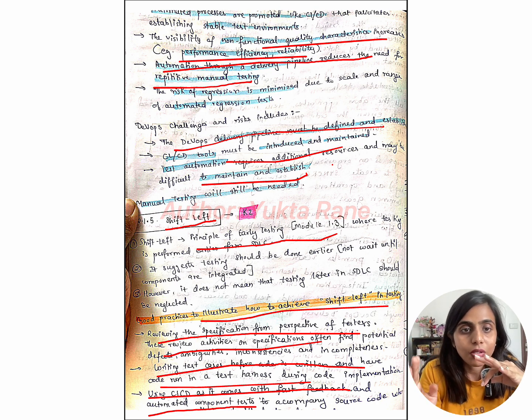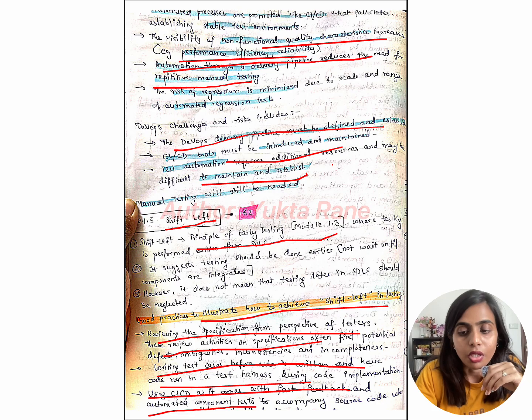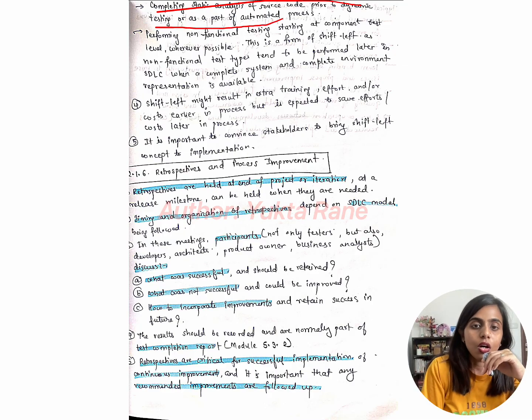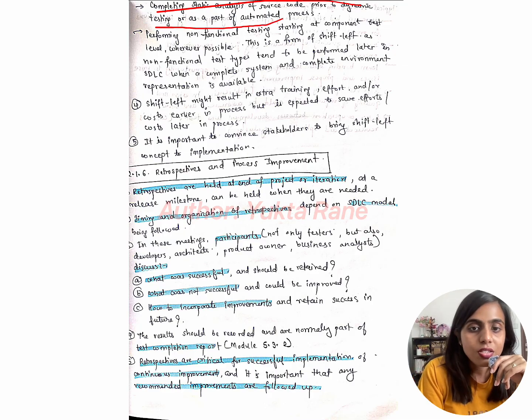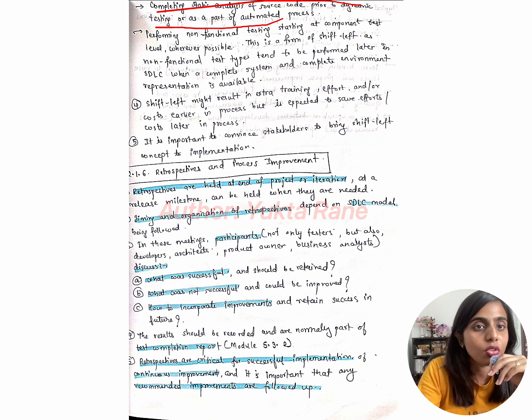So this shift left is achieved basically on implementation of all of these submodules from 2.1.1 to 2.1.4. Completing the static analysis of source code prior to dynamic analysis: the more deeply you perform static analysis, the more you know the product, and it is easy to find defects. Then you also have to perform non-functional testing.